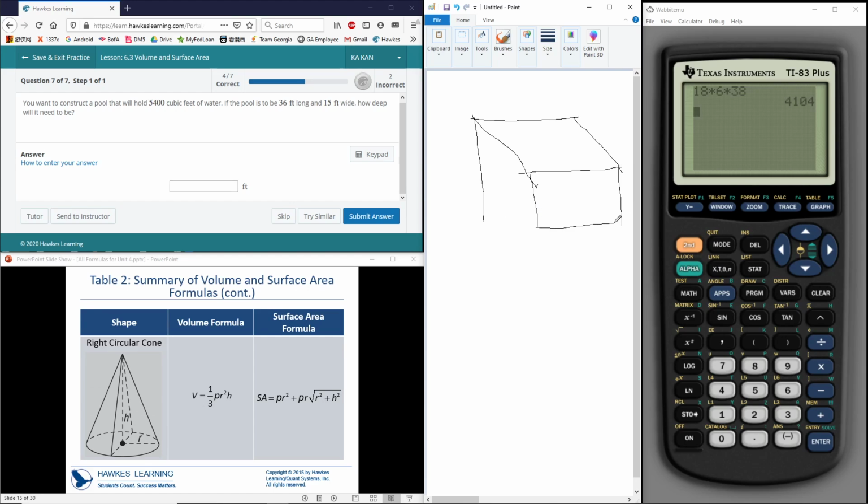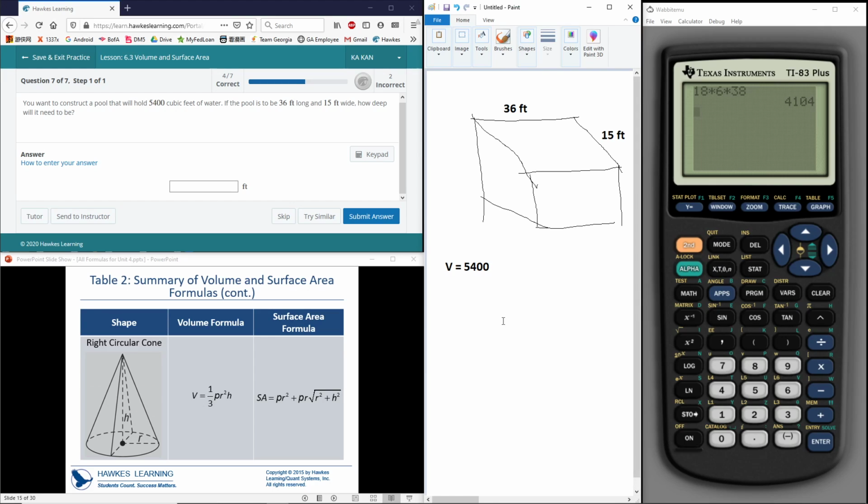It's hard to draw with pens, but here we go. The length is 36 feet and the width is 15 feet. We just don't know the depth, but we know the volume has to be 5,400.